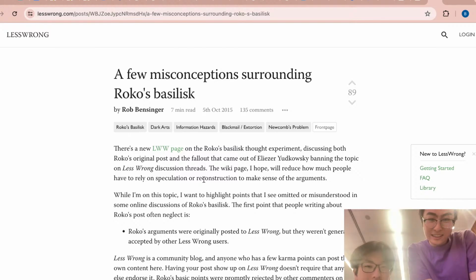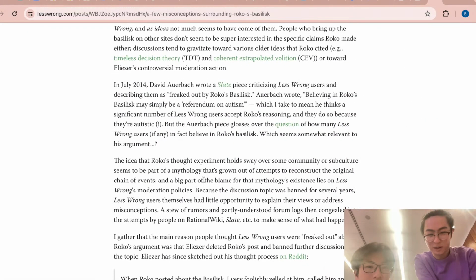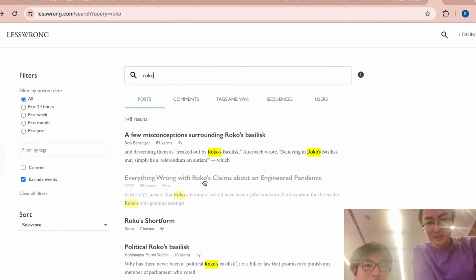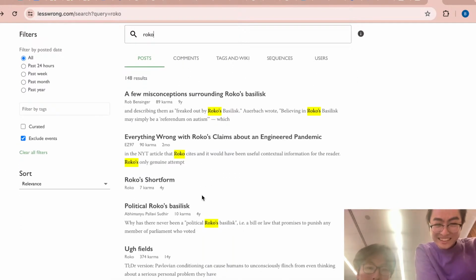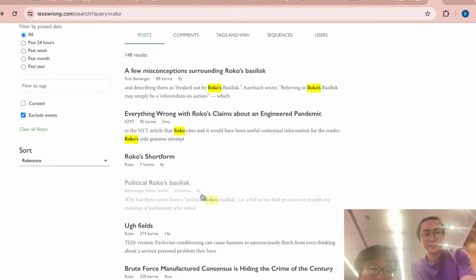I guess is Roko the person who ended up posting it? I have no idea who Roko is, to be honest. Why has there never been a political Roko's basilisk? A bill or law that promises to punish any member of parliament who voted against it. You gotta think. Why?